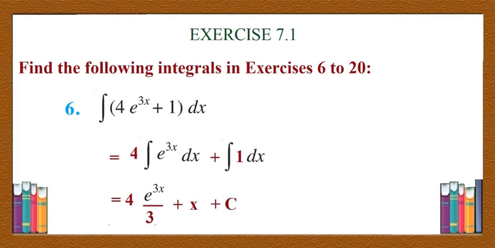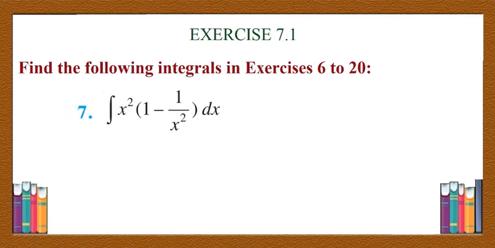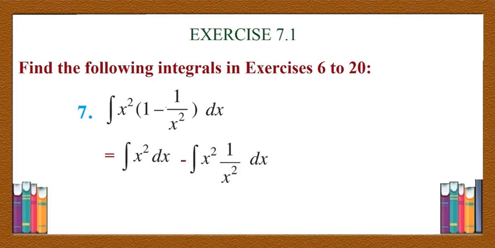And these types of questions may be asked for 1 mark in the annual exam. Next one is integration of x square into (1 minus 1 by x square) dx. If you multiply x square, you will have integration of x square into 1 is x square dx minus x square into 1 by x square dx. X square gets cancelled.